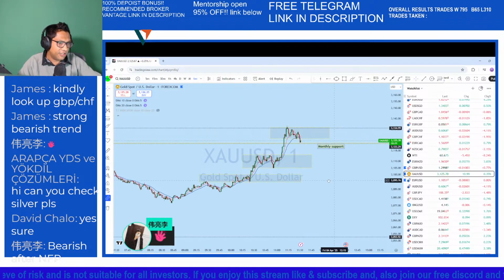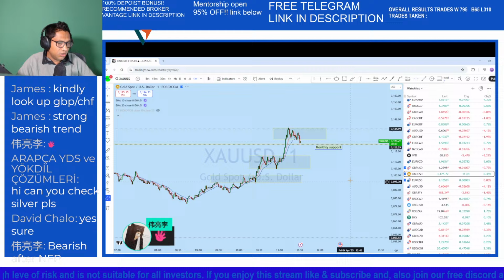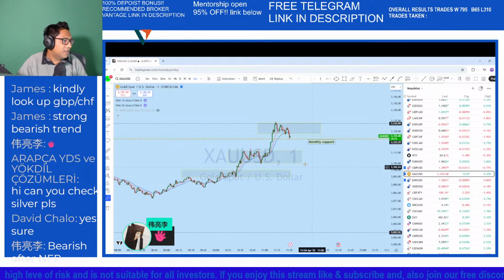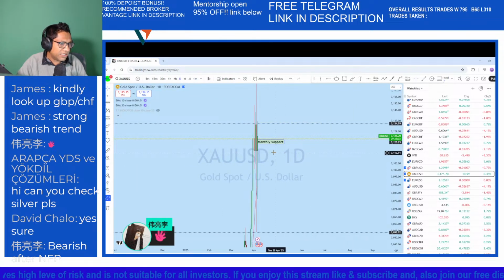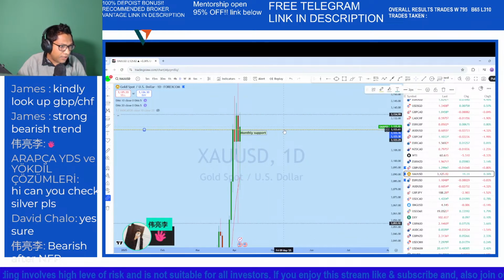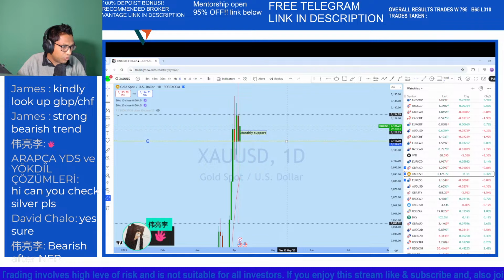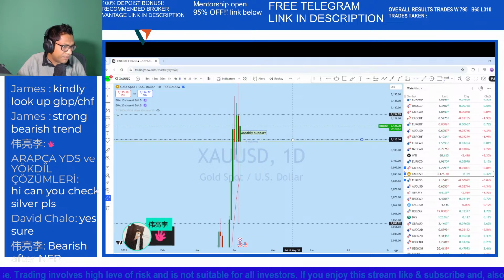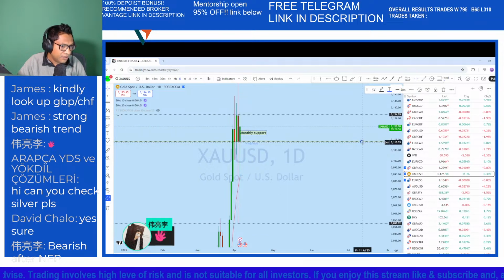We could see the market is coming here. From the daily perspective, we can see that this is the daily level, with the price above this daily high. So let's readjust this monthly support to the daily support, as we might see the price coming back here.